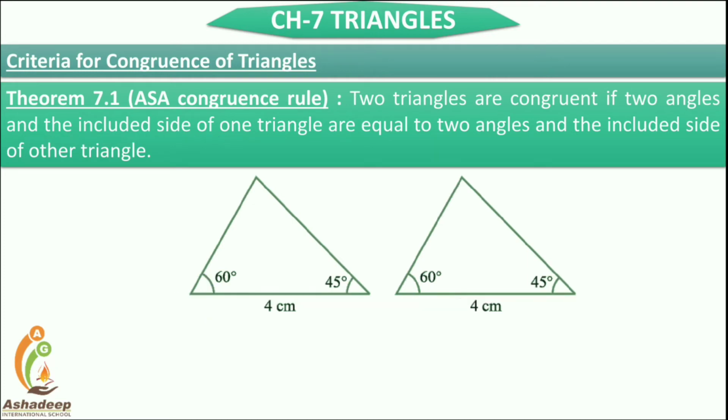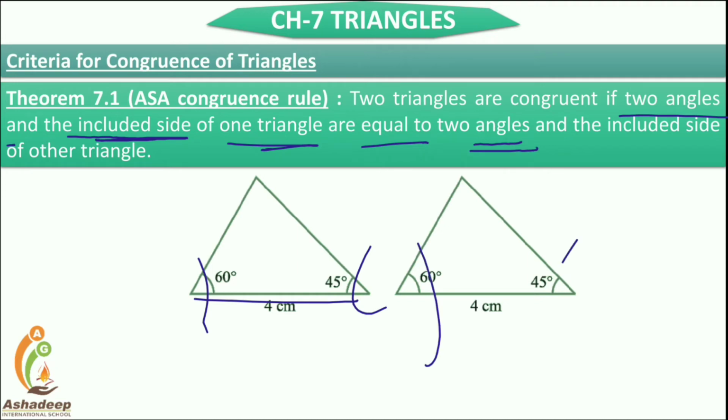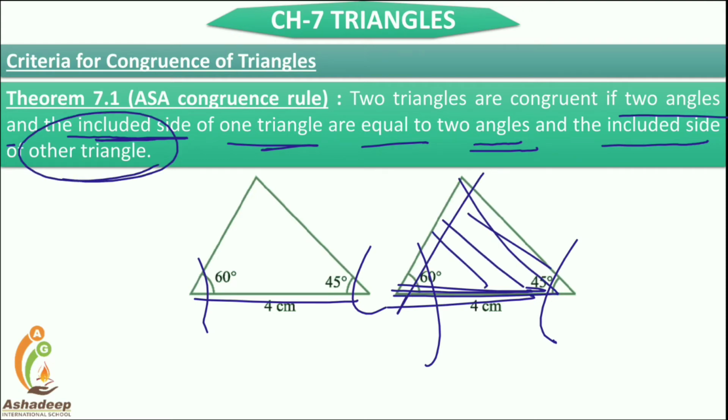Right? If two angles and the included side of one triangle are equal to the two angles and the included side of the other triangle, see once again: two angles and the included side of one triangle are equal to the angles and the included side of the other triangle, right?